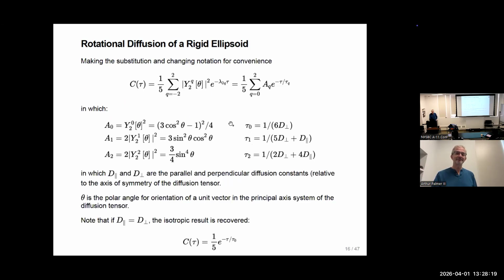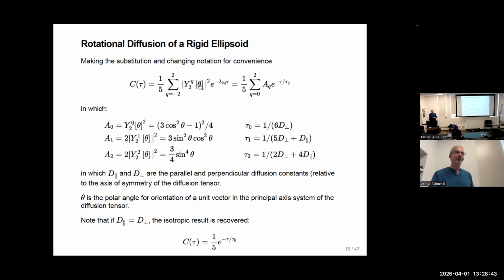The end result is that we end up with the sum of three exponentials, and their relative weights depend on the orientation of our interaction in the molecular frame.